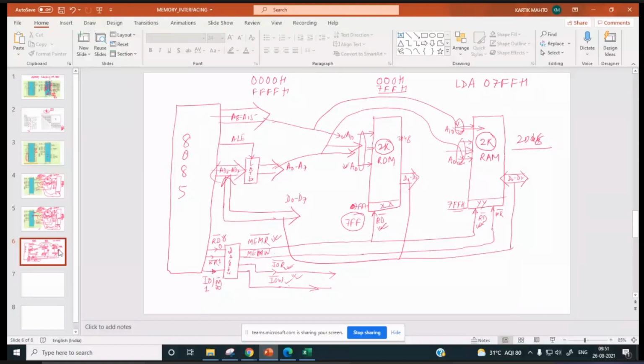YY will come out. Why? Address is coming here also. Memory read, MEMR is low, so this will be low. This will be low. So why will it come out from RAM? Why not from ROM?